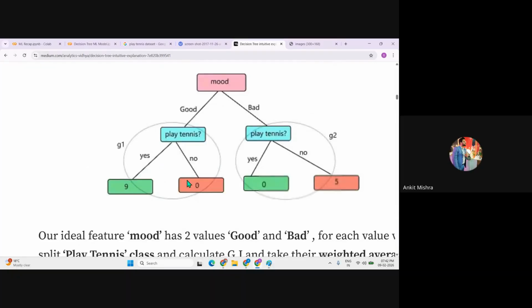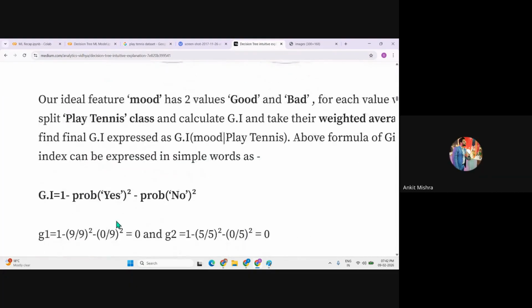Then you also need to include the probability of no. The probability of getting no is 0 by 9, since G1 has 9 data points, so you calculate (0 by 9) squared.